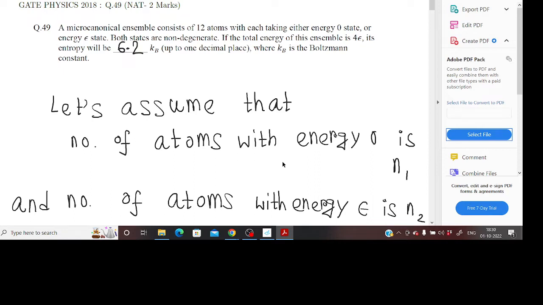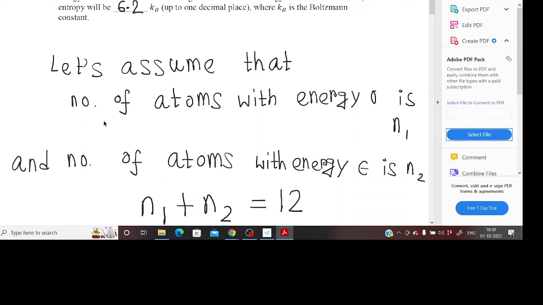And the states are non-degenerate, just simple 0 state or epsilon state, no degeneracy is there. If the total energy of the ensemble is 4 epsilon, then we have to find out the entropy up to 1 decimal place. So how to solve this problem?